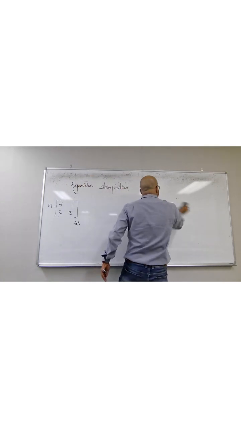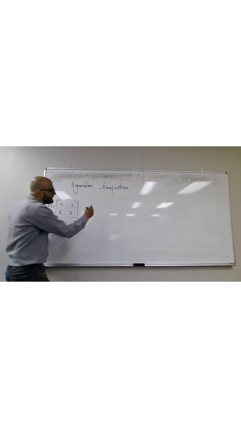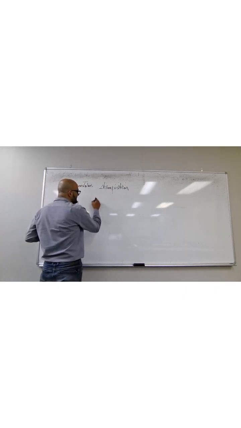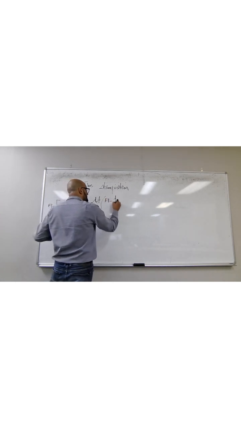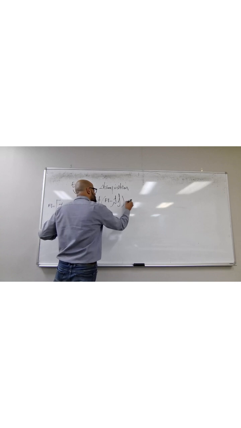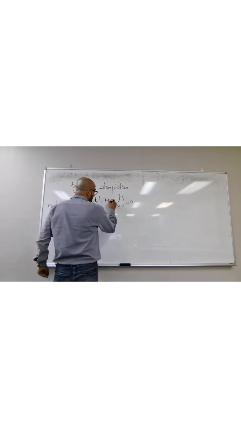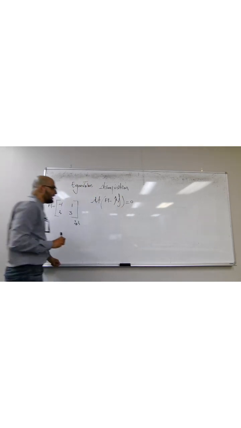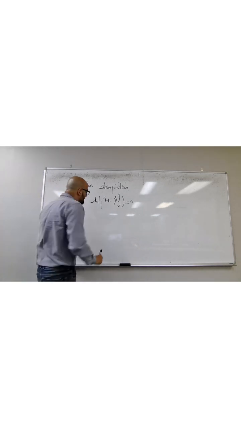Okay, now I'm just going to move there. Okay, what is the characteristic equation? The determinant of matrix A minus lambda I should equal 0. Let me rewrite my lambda like that. What we have here is this.